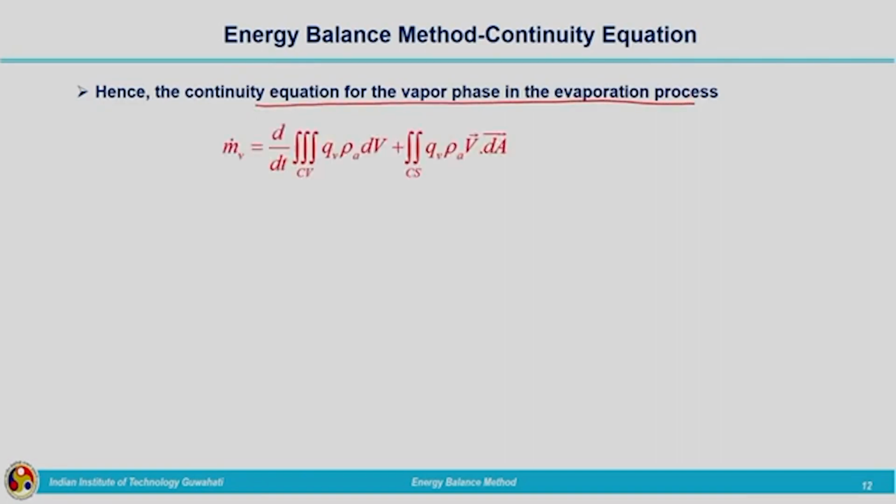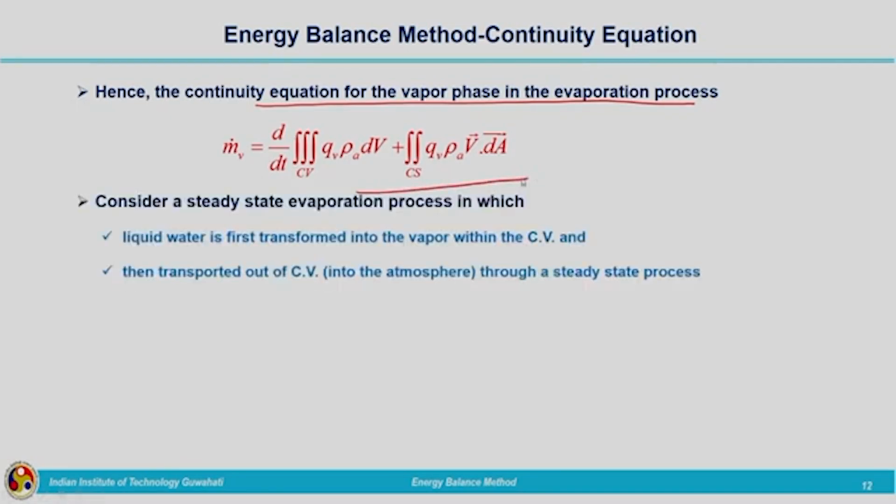mv dot is given by time rate of change of extensive property within the control volume plus net efflux of extensive property across the control surface. After that, what we are going to consider? We are going to consider a steady state evaporation process. In this process, first the liquid water is transformed into the vapor within the control volume, then that vapor is transported by means of wind action into the atmosphere.